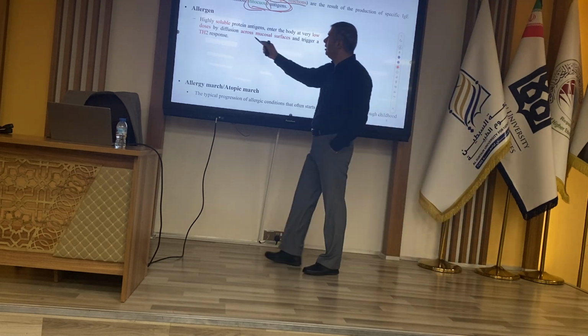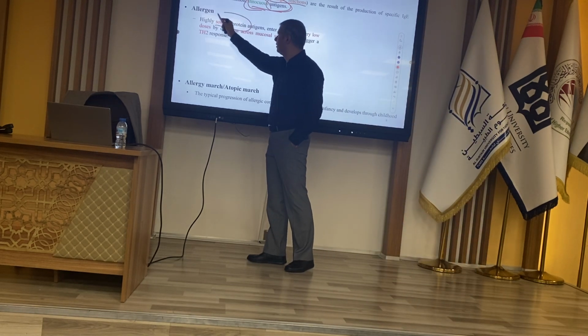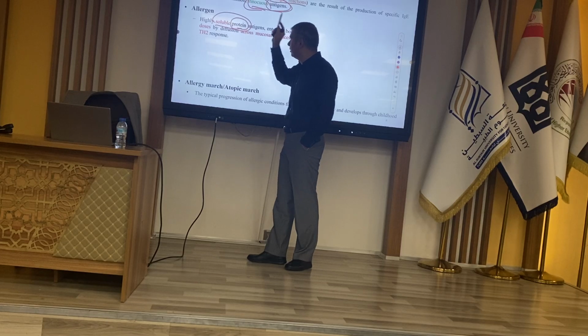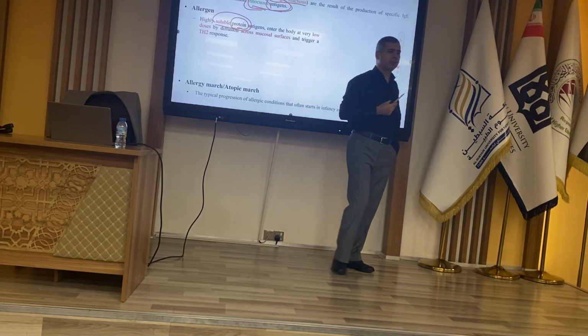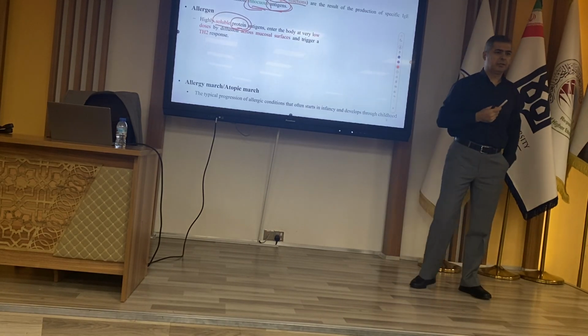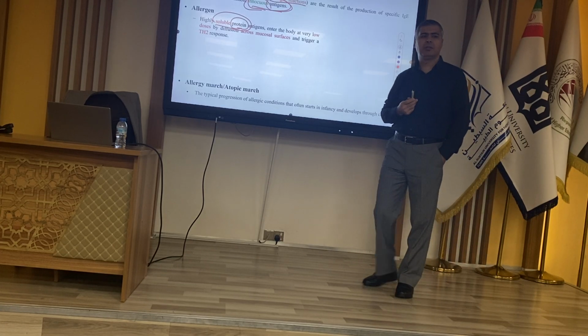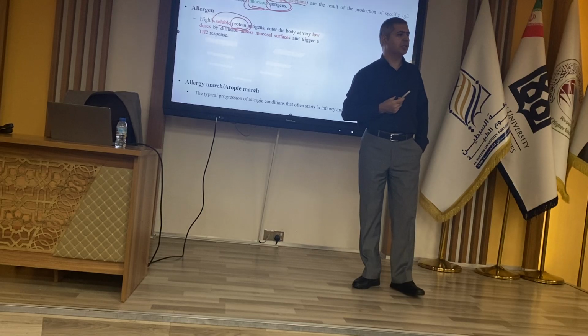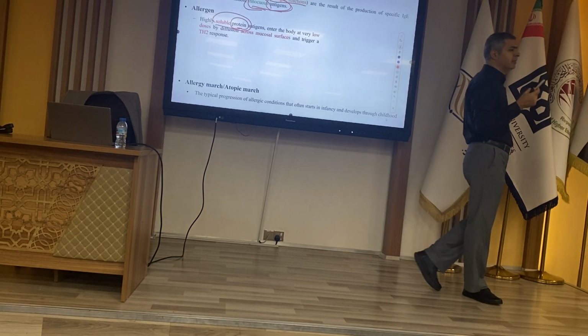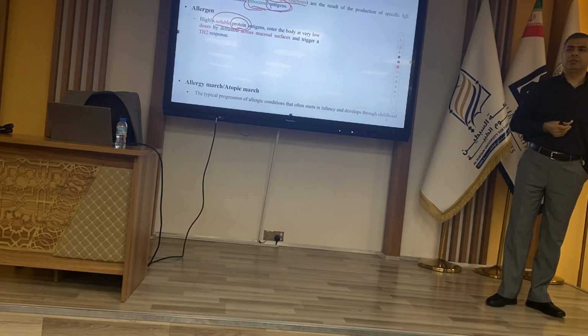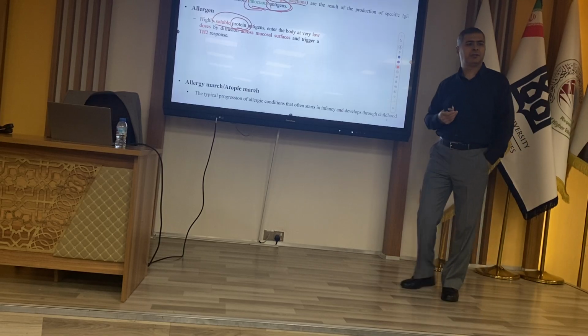So they are highly soluble proteins. They are proteins. It's very important. They are not carbohydrates. They are not nucleic acids. They are not lipids. Why are allergens not nucleic acids, carbohydrates, or lipids? They are just proteins.